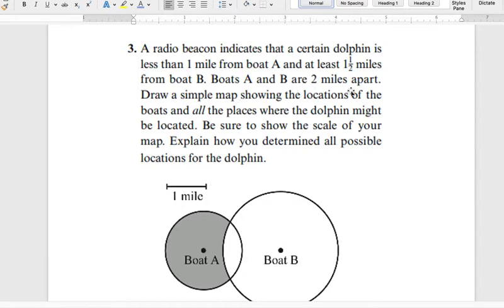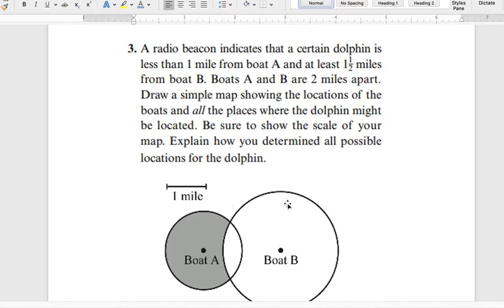So what does it say? We've got to look at the wording. A certain dolphin is less than 1 mile from A, which means he has to be within the circle of A, and at least 1.5 from boat B. He's got to be more than 1.5, at the least. So everything within B is less than 1.5.